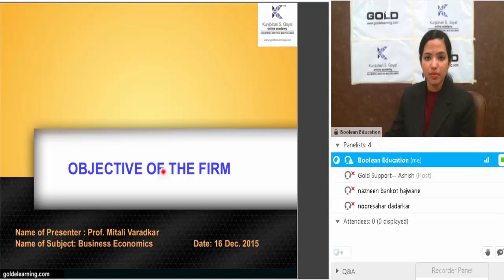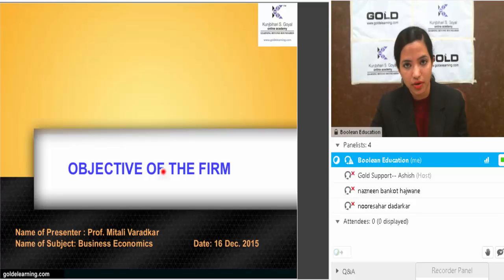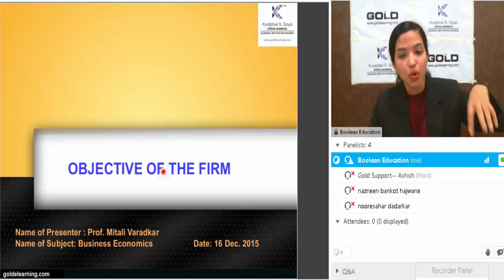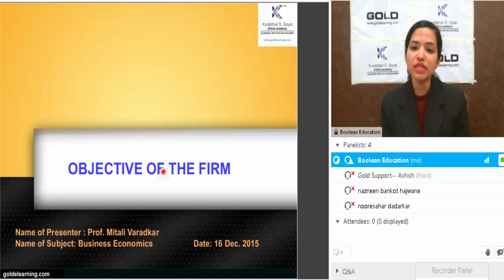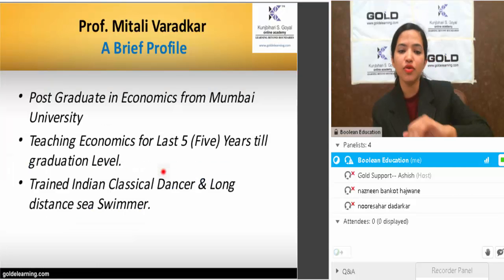They are there on a salary basis, so their personal income does not depend on the firm's profit. Due to this, the firm got different objectives. Due to managers, or due to specialization and divisibility of the firm, when the firm was divided into smaller parts, many managers came in, and a board of directors came above the managers, the firm's objectives became different. So we will study which objectives a firm has and how the firm fulfills these objectives.